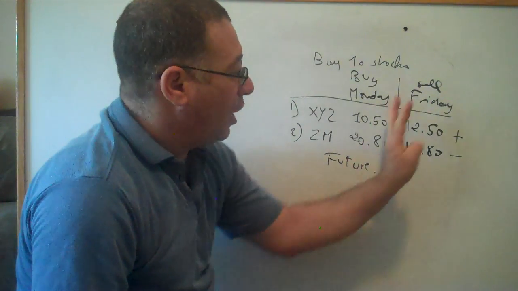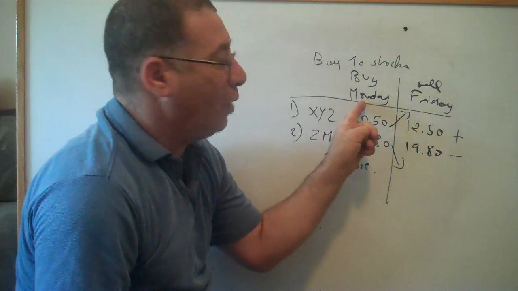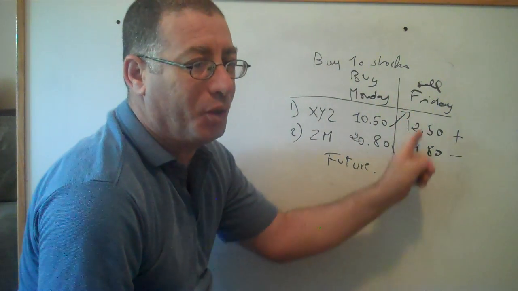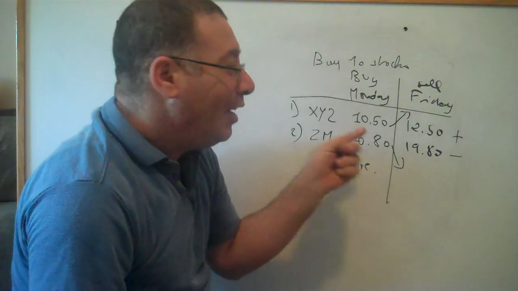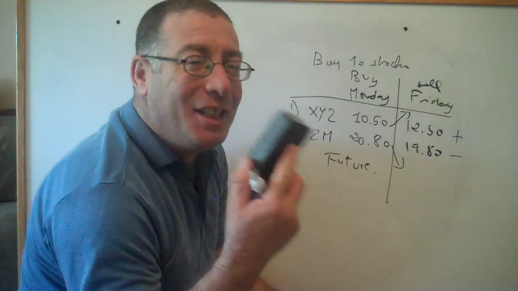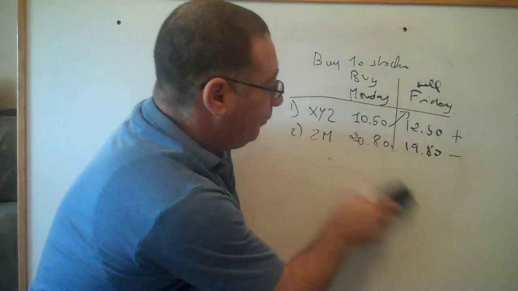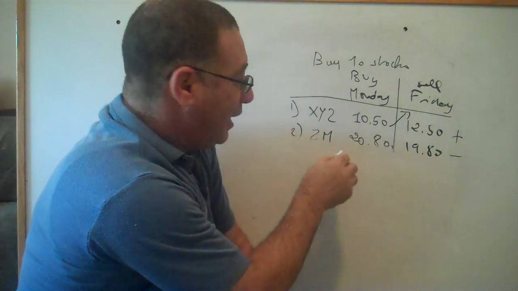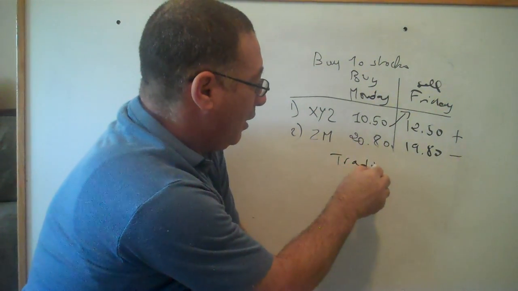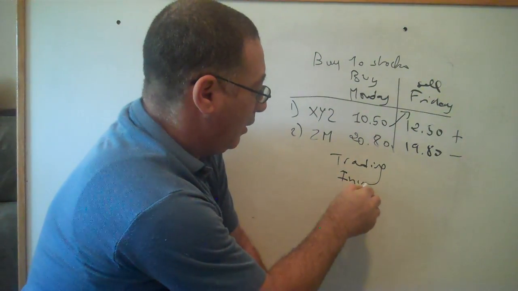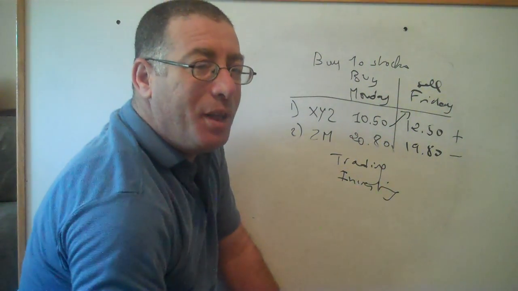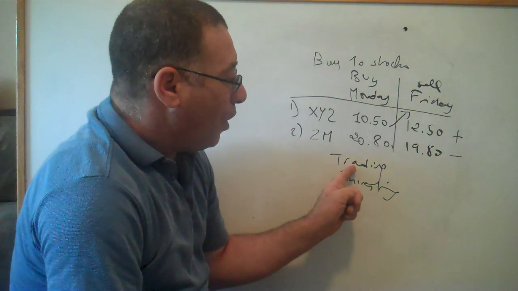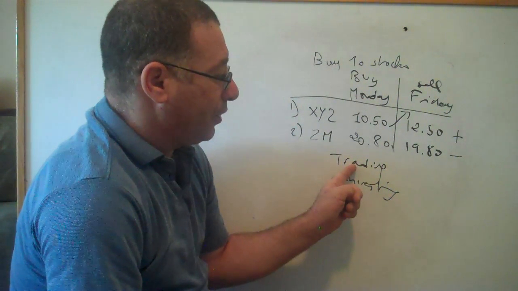So this is the future. When you are on Monday, you will never know what will happen until Friday for the stocks. Okay? That's why this is the basic idea for trading and investing. Okay, we begin with trading first.